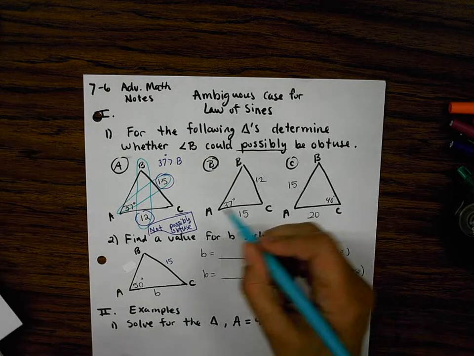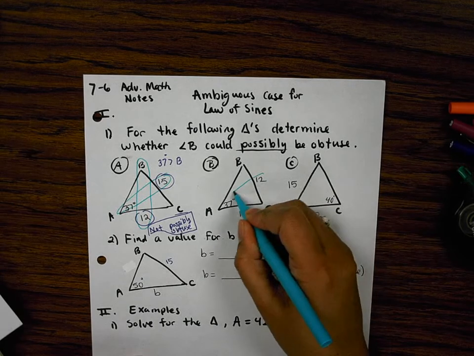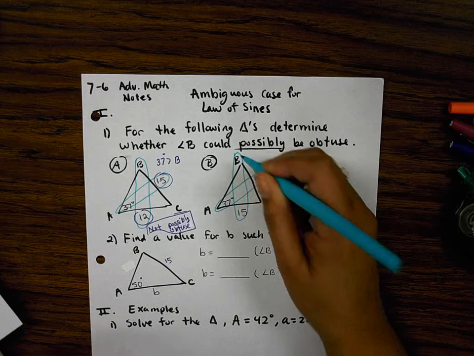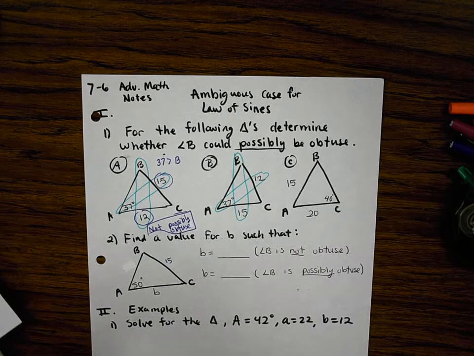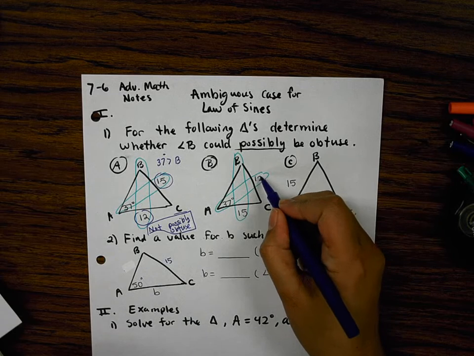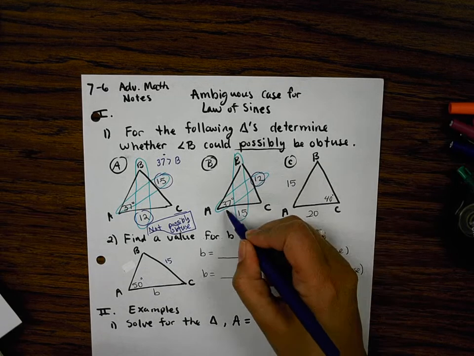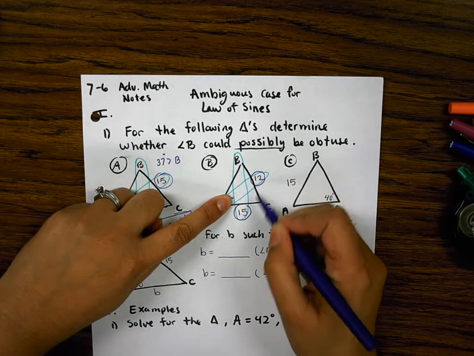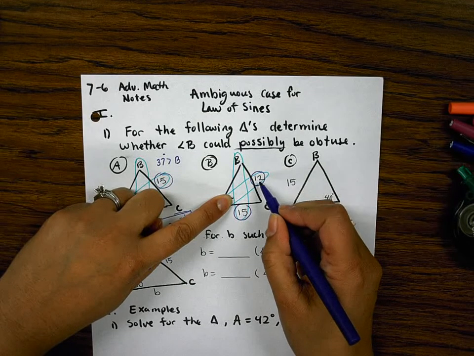Okay, next one. Let's see what we have. We have 37 again, this time it's matching with the 12, and B's matching with the 15. What does that mean? Okay, so 12 is smaller than 15.